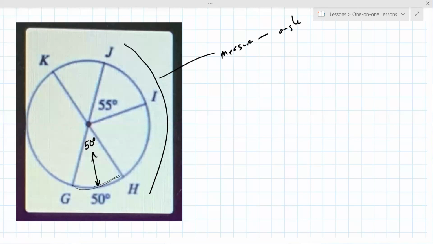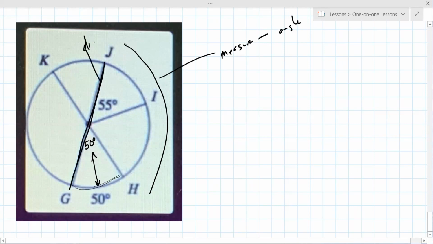So now they don't say it, but it's safe to assume that J to G is a diameter. This is a diameter here, and that's half a circle. If you go all the way around, how many degrees is it in a circle? 360. So halfway around a circle is 180.